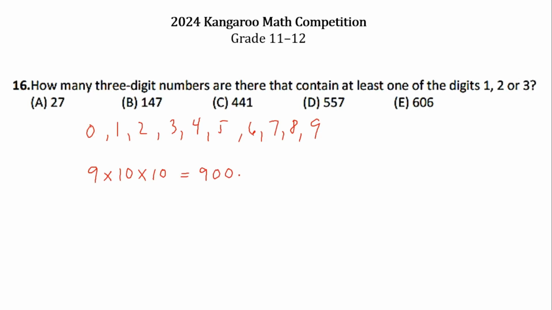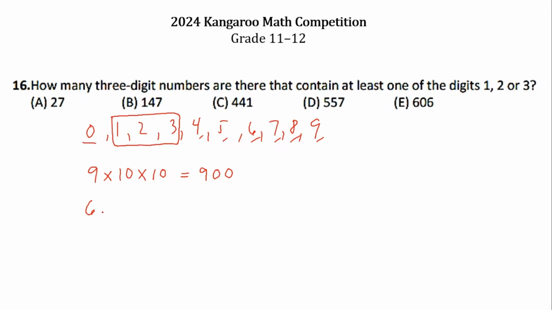Alright, now let's count the number of 3-digit numbers that do not contain 1, 2, or 3. This time we have to eliminate 1, 2, and 3. Now for the hundreds digit we also exclude 0, so we have 1, 2, 3, 4, 5, 6 options for the hundreds digit.